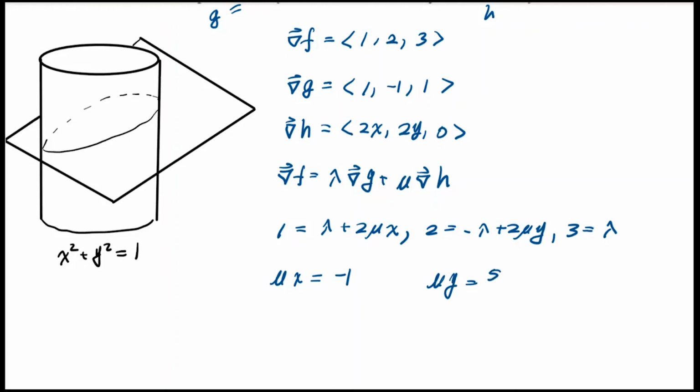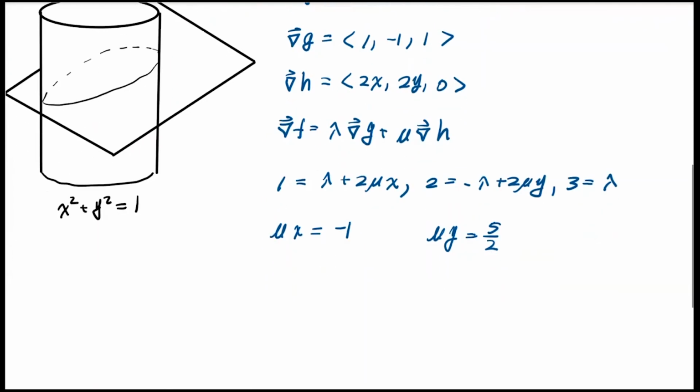So 5 over 2. So far, so good. Now, there's no orthodox way of solving this because these are nonlinear systems of equations, but let's take this thingy over that thingy. We divide, that way at least we can eliminate mu. So y over x is equal to negative 5 over 2. So far, so good?